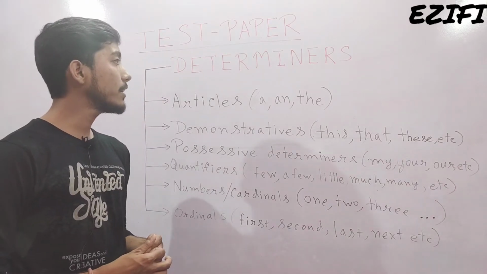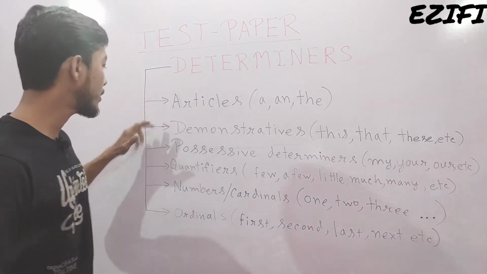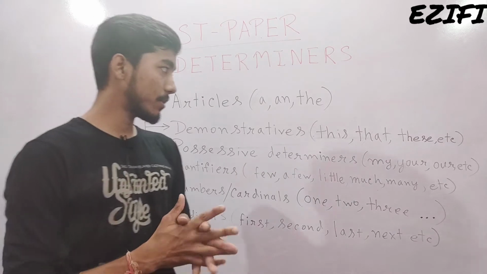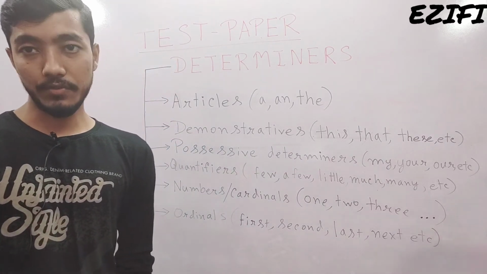And in determiners, here we have written 1 2 3 4 5 6 types. So basically we have to know that there are 6 types of determiners.